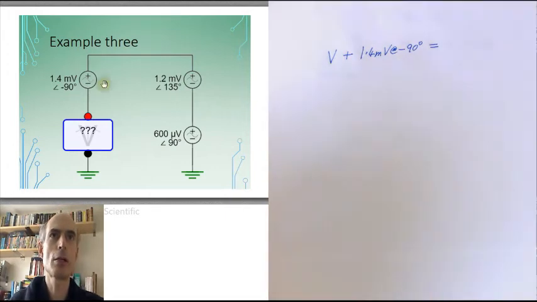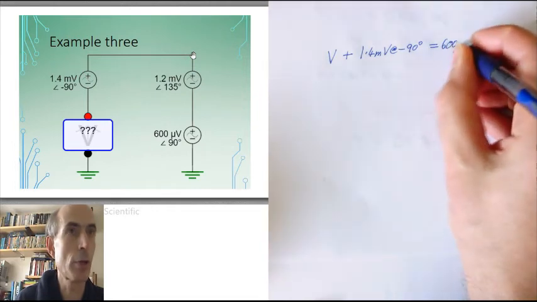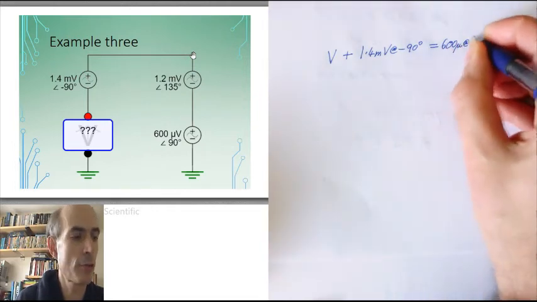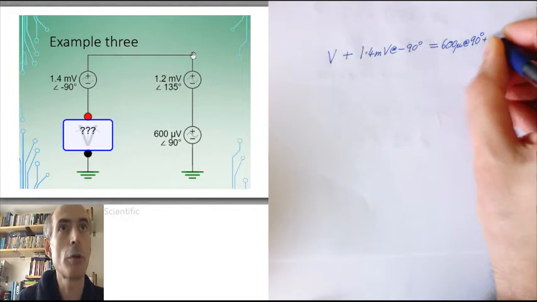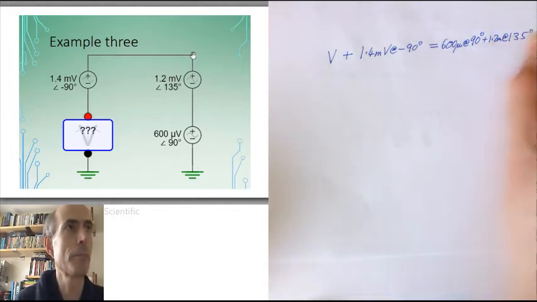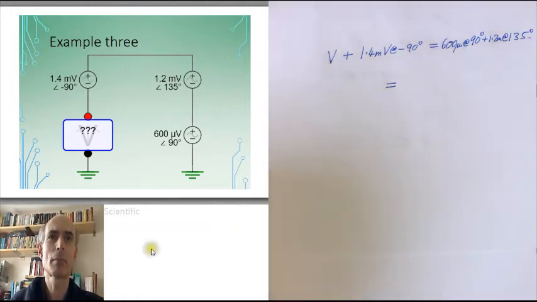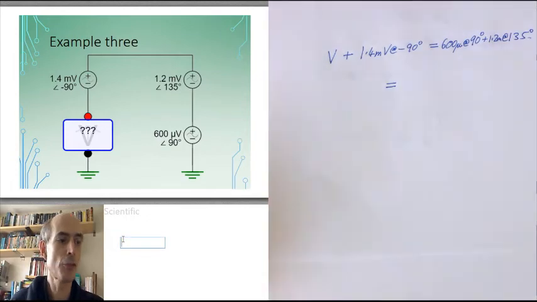And that must be equal to the sum of these two phasor representations: 600 microvolts at 90 degrees and 1.2 millivolts at 135 degrees. Once again, it's just a bit of maths.